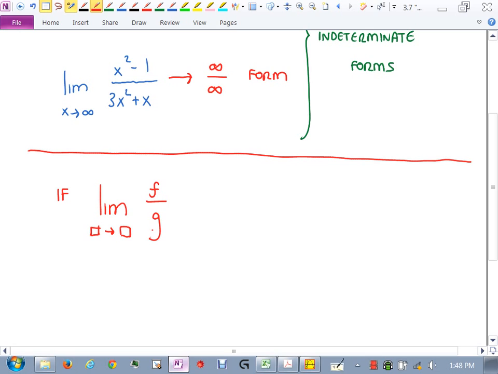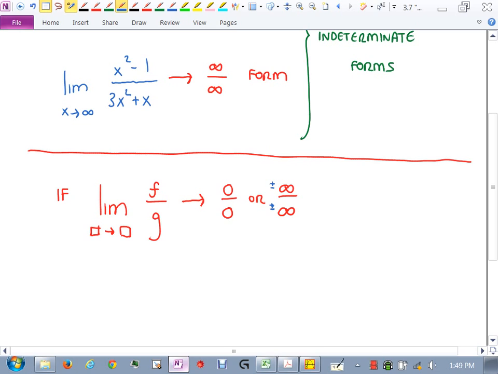If this limit is going to the form 0 over 0 or infinity over infinity, either way. And by the way, it doesn't matter if it's plus or minus on the infinities. It's just if the top's going big, bottom's going big. So I'm going to put plus or minus next to those because I don't want you to think, well, wait, the top was going to negative infinity, so I didn't know if I could use the rule. Doesn't matter. As long as these are both becoming infinite, regardless of sign, you can use the rule.